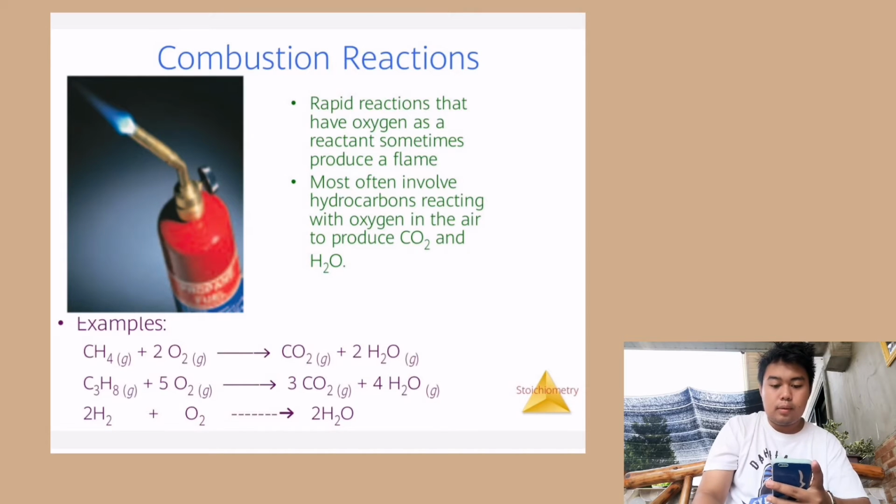Combustion reaction: a rapid reaction that has oxygen as a reactant and sometimes produces a flame. Most often it involves a hydrocarbon reacting with oxygen in the air to produce carbon dioxide and water.